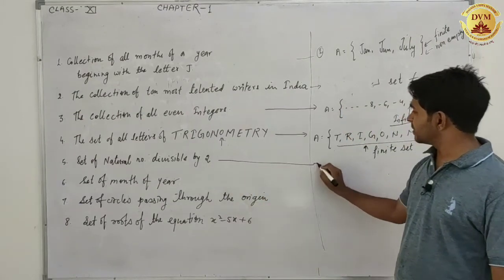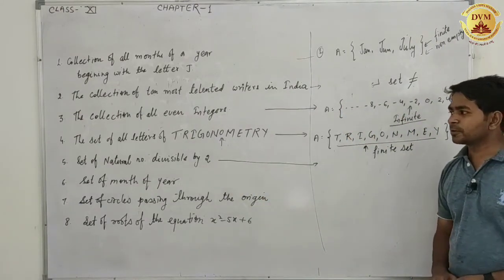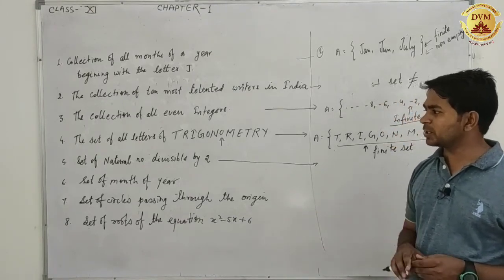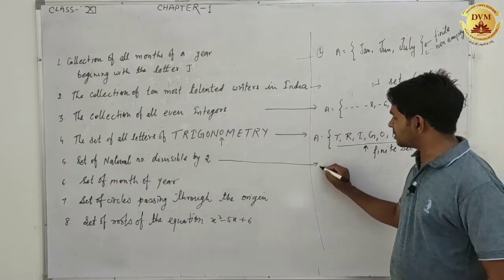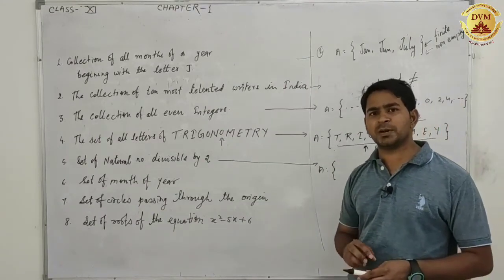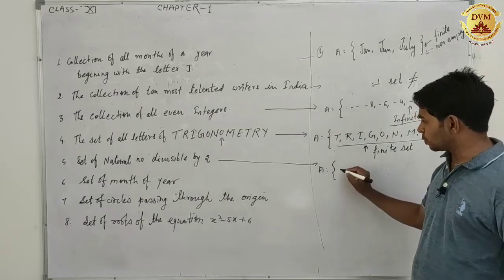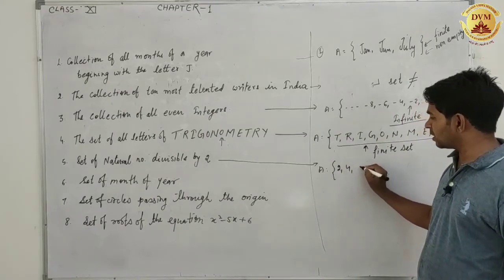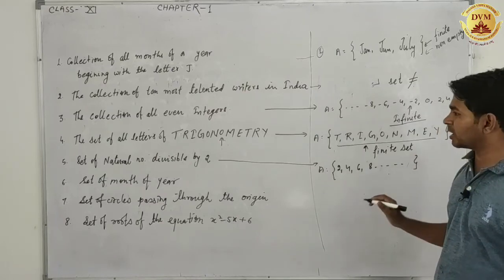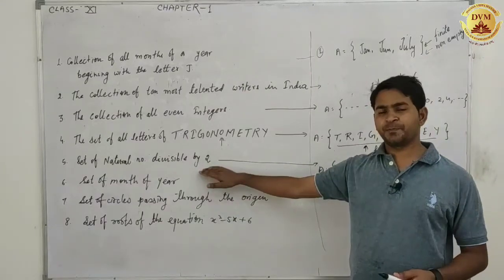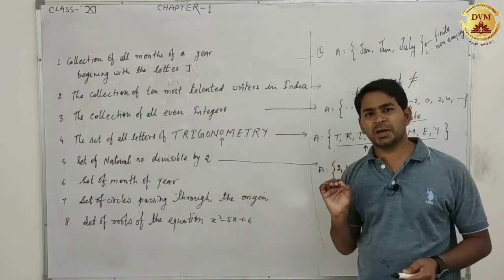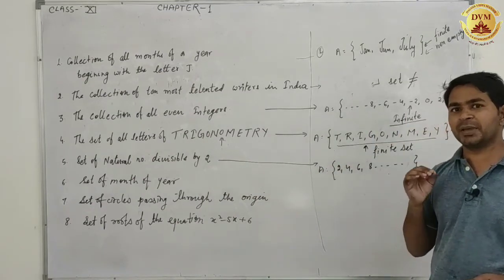Okay, next is the set of natural numbers divisible by 2. The first natural number divisible by 2 is 2, second is 4, third is 6, then 8, and so on, because there is no condition other than that the number should be divisible by 2.